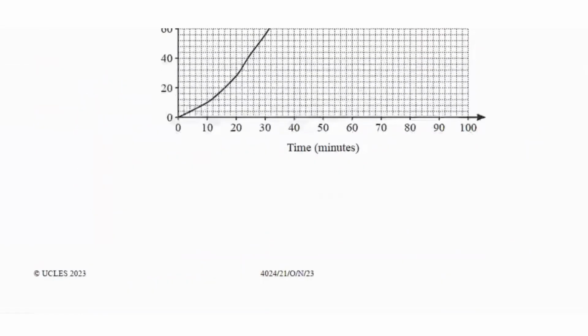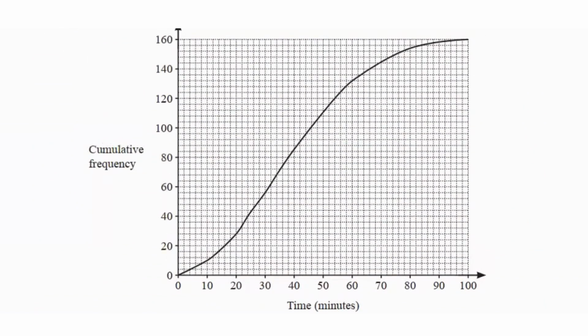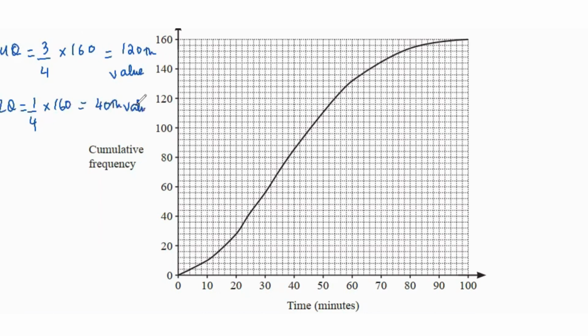Then the interquartile range. For the interquartile range, we need the upper quartile and the lower quartile. So upper quartile is going to be 3/4 of 160, which is going to give us 120. So we need to find the 120th value. And for the lower quartile, we do 1/4 of 160, which is going to give us 40. So we need to find the 40th value.